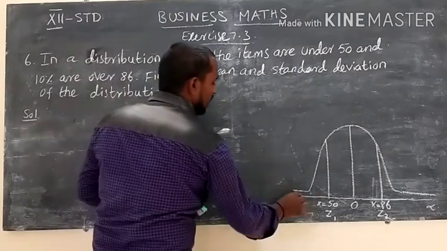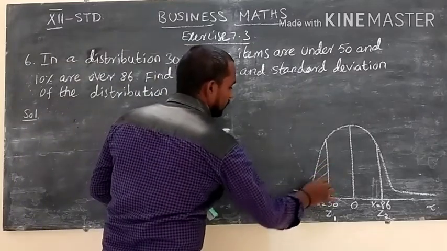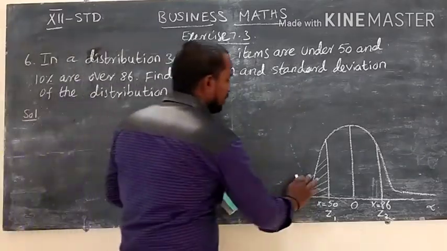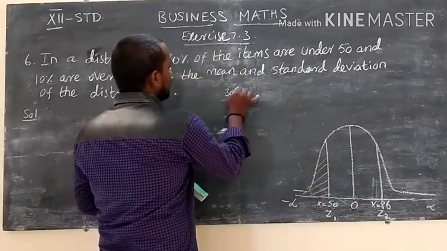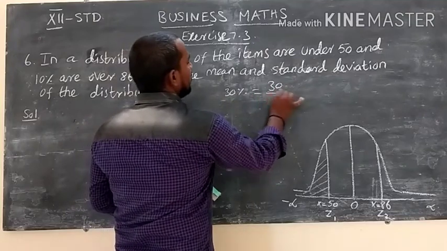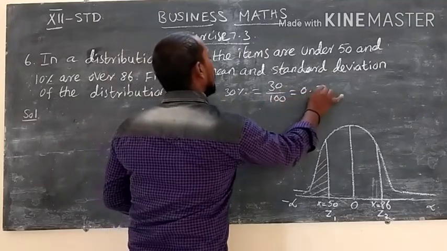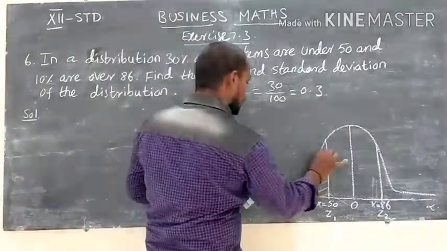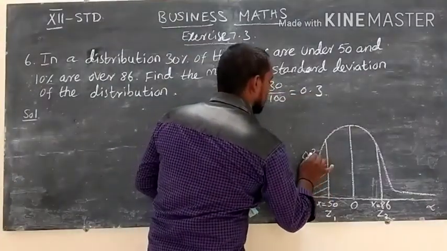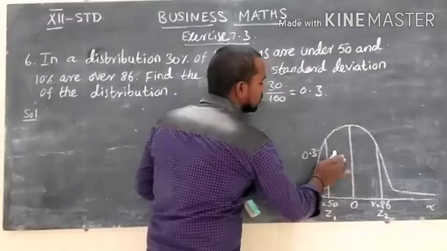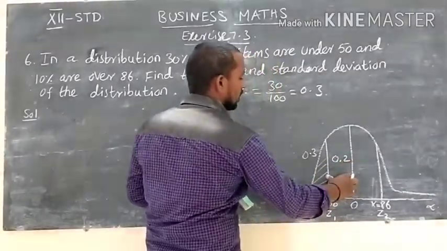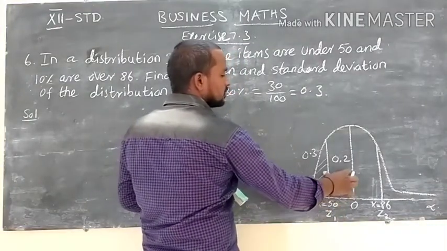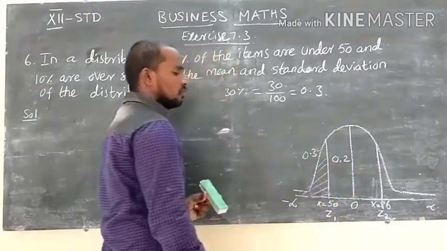So under 50, this is fully 30%. 30% means 30 divided by 100, that is 0.3. This is fully 0.3. What is the remaining value? This is 0.2, because totally 0.5, this is 0.3, so the remaining portion is 0.2.